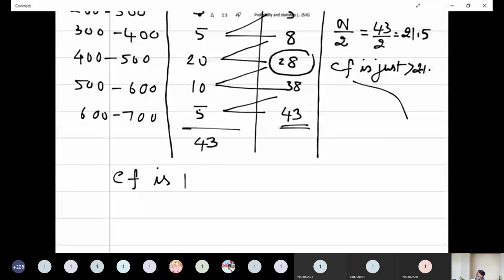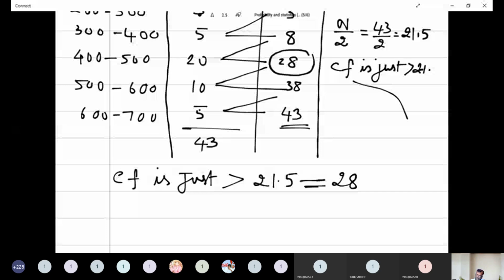This is very, very important: the cumulative frequency just greater than our N by 2 value of 21.5 is 28.